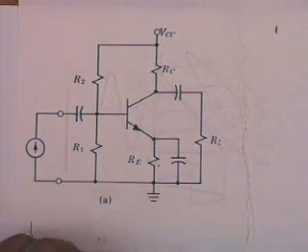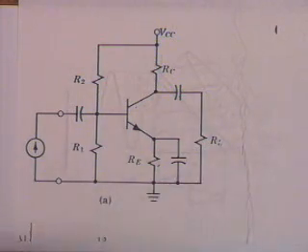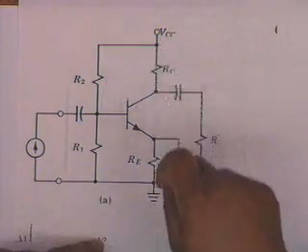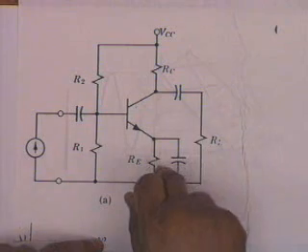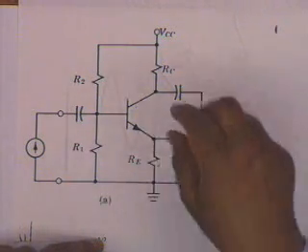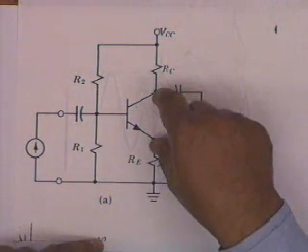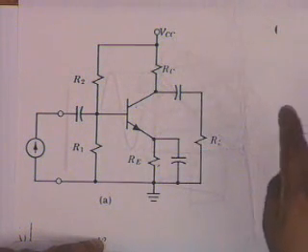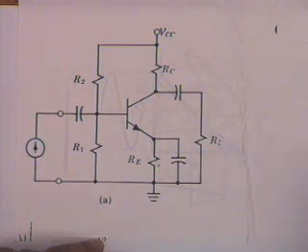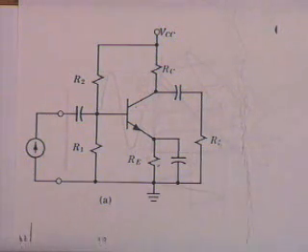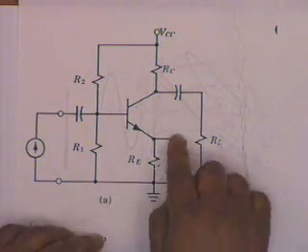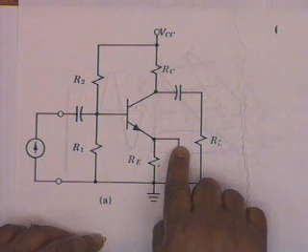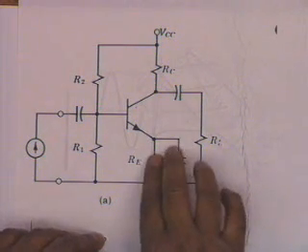Because, you see, for DC, the effective load is RC plus RE. For DC, VCE, as we said, is equal to VCC minus collector current multiplied by RC plus RE. On the other hand, for AC, RE is shorted. RE is shorted. So RE does not present a load.